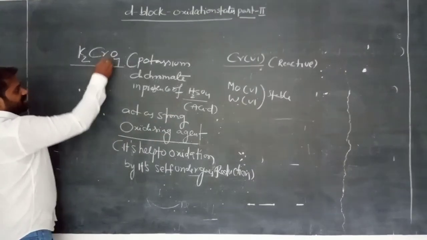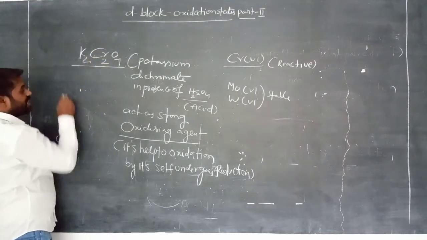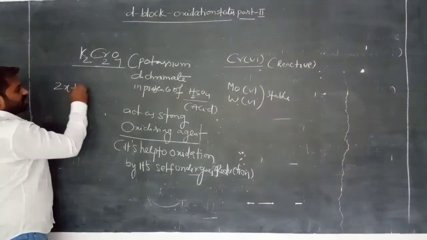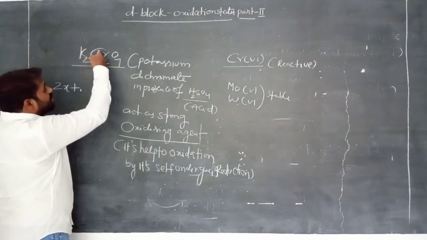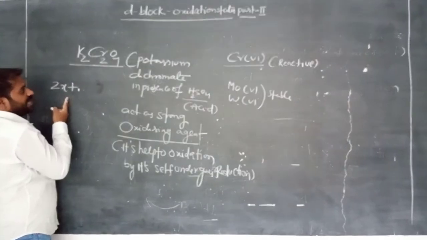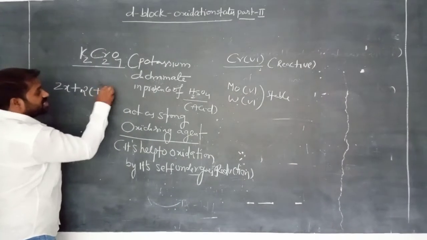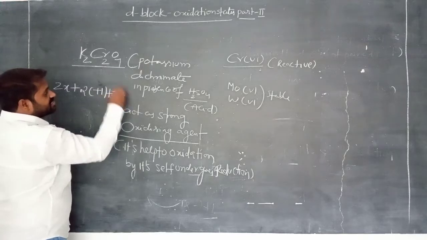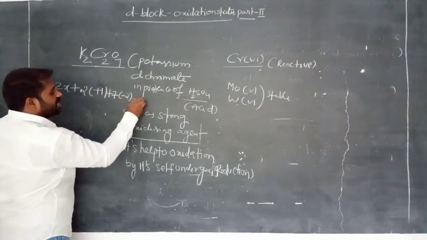It is reactive in this case. Let's calculate the oxidation state of chromium here. How many chromium atoms are here? We have 2, so take 2x. Potassium, we have 2, and each potassium carries +1 charge. Oxygen, 7 atoms, each oxygen carries -2, and the total equals 0.